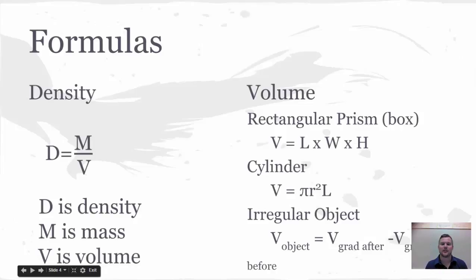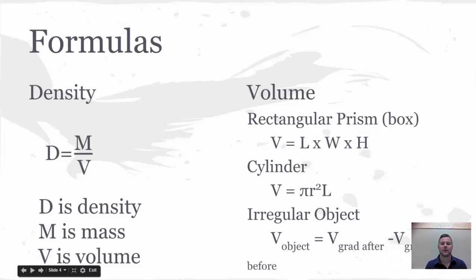R is the radius. A radius is half of a diameter. So if your diameter is 10, you need to divide that by 2, which is 5, and that's squared, and times the length of the object. Length and height would be synonyms for each other in this case. It just depends on your orientation of your cylinder.